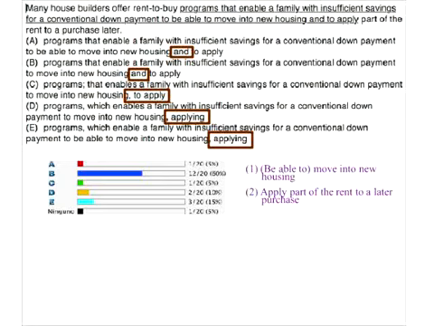So these are separate. You can't reasonably claim that one of these is dependent on the other one. Because one of them is they can move in right away, and the other one is after they've been there for a while and paying rent. These are not even related ideas, because one of them is about moving in, and one of them is about what they do with rent money. So these are separate.